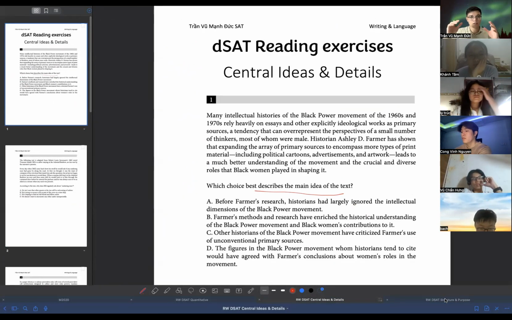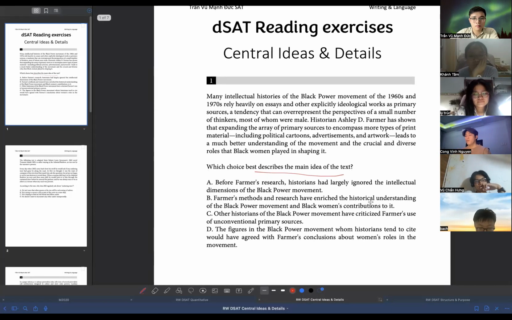In the textual, which is the very last category of the ICT, this is the most difficult, and we have to use POE most of the time. And also, because it's called textual, we have to consider the context, which is firstly quantitative. We have just learned it. Structure and purpose, central ideas and details, which we are going to have a glance at here. It's not too different from the other things because it's all within the textual category.